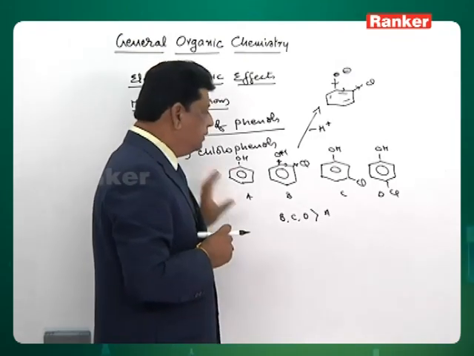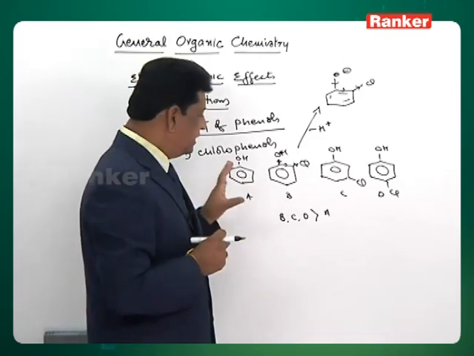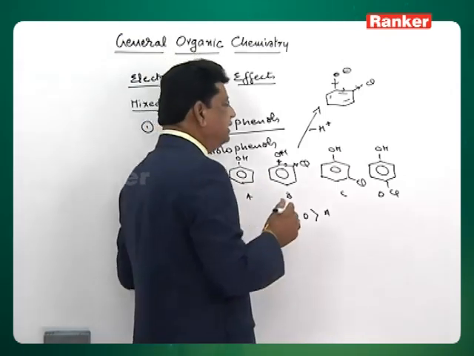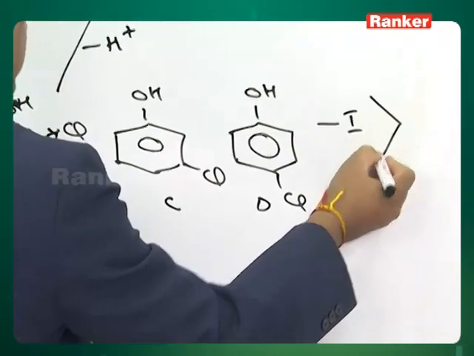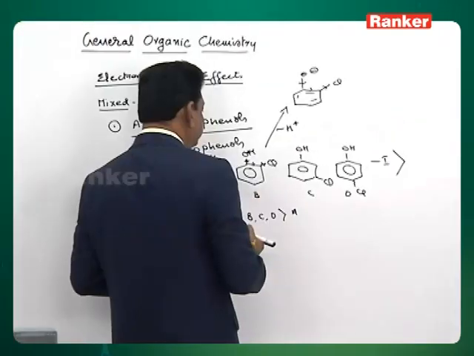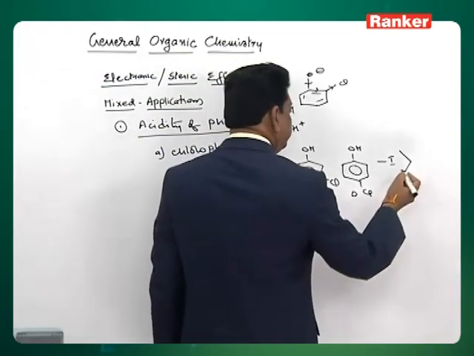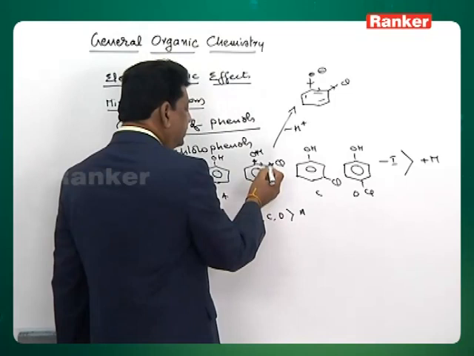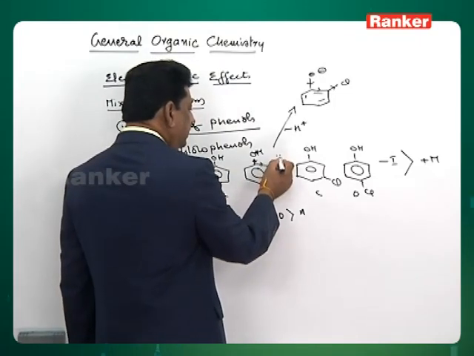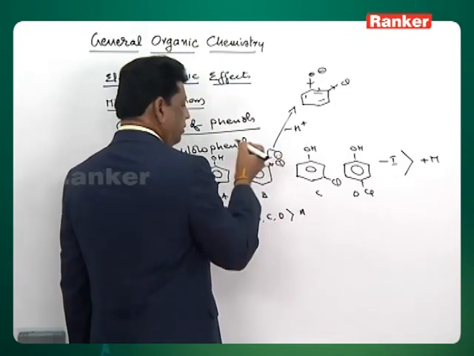But in this particular case of the acidity of the phenols, it is taken that minus I is dominating the plus M effect. Actually, the chlorine shows minus I effect through the bond and electron donation over the bond.